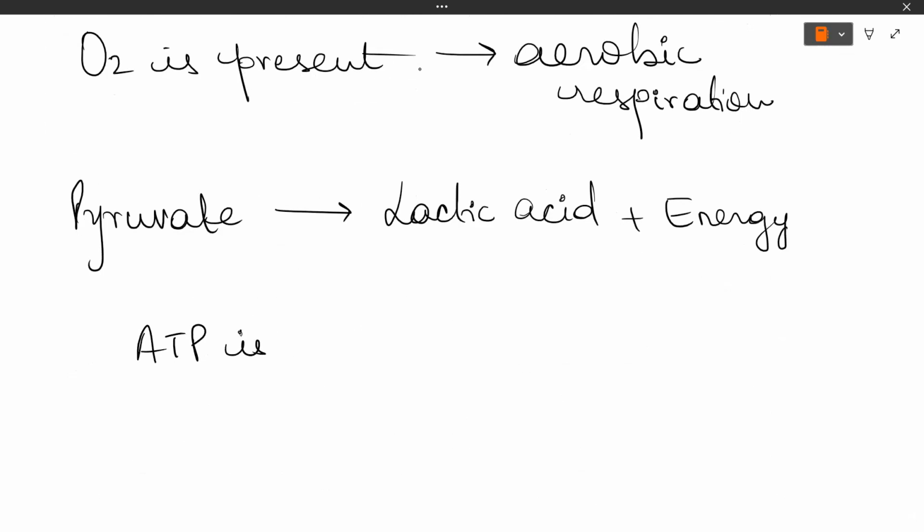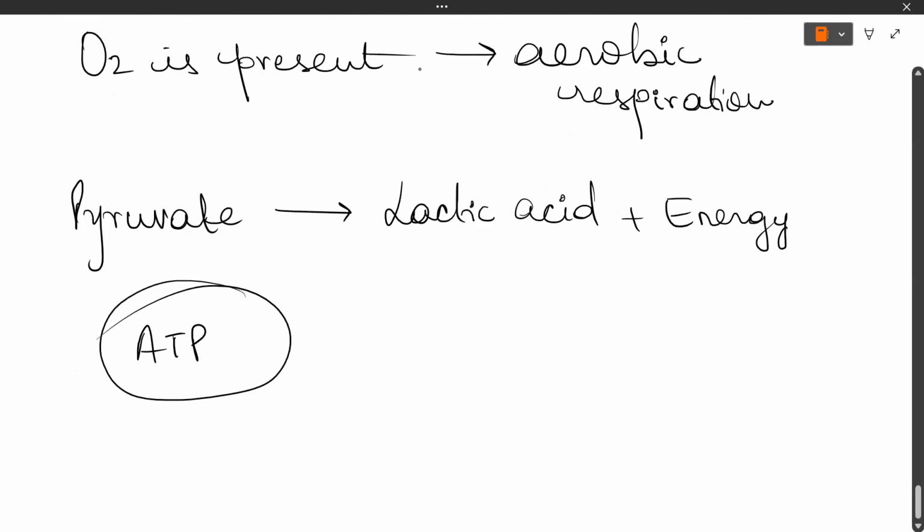Adenosine triphosphate. Very correct. Adenosine triphosphate is the full form of ATP. As soon as the energy is released in the cell, that energy is used to synthesize this ATP molecule. Why? Because ATP is the energy currency of our cell.